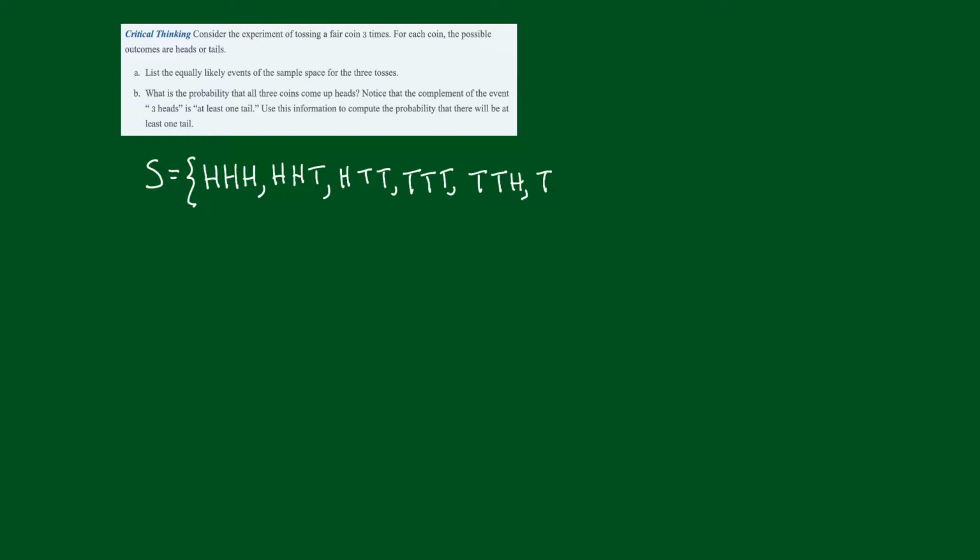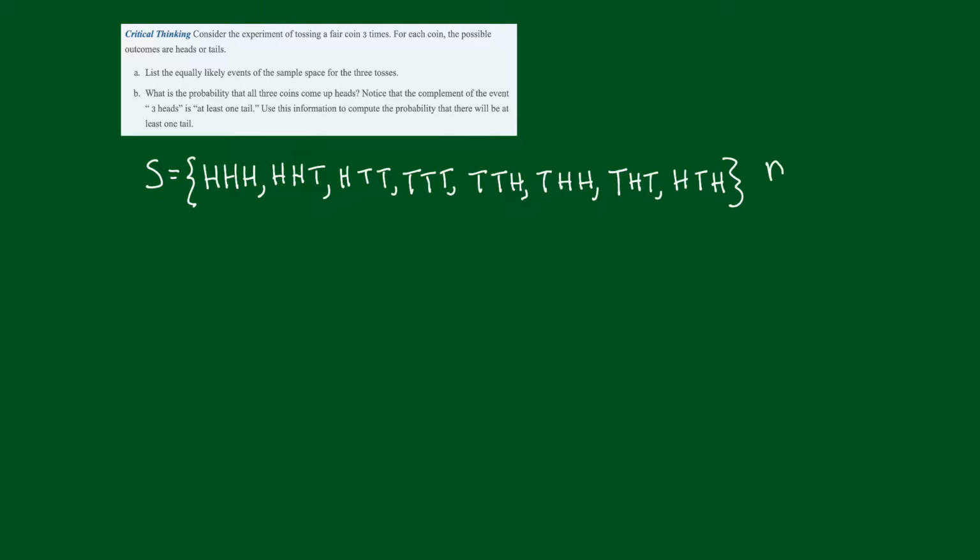You could get a tail on the first, a head on the second, a head on the third. Anything else? So anything else could happen here? Yeah, I don't think I've listed this one. You could get a tail on the first, a head on the second, a tail on the third, and for that matter, you could get a head on the first, a tail on the second, and a head on the third. I think that's it. So let me count them up here. 1, 2, 3, 4, 5, 6, 7, 8. And I'm going to write it this way.